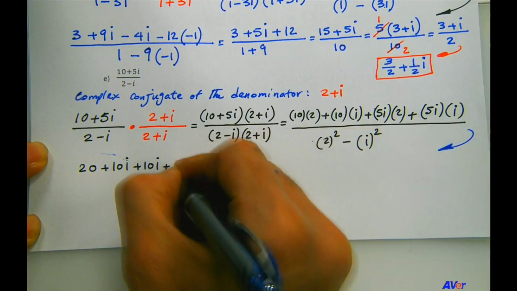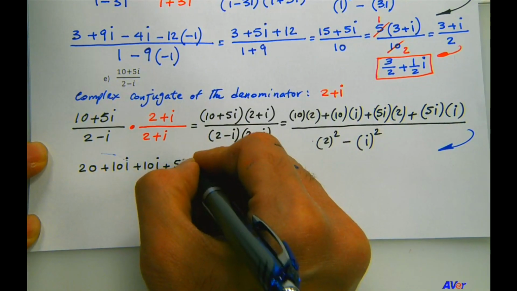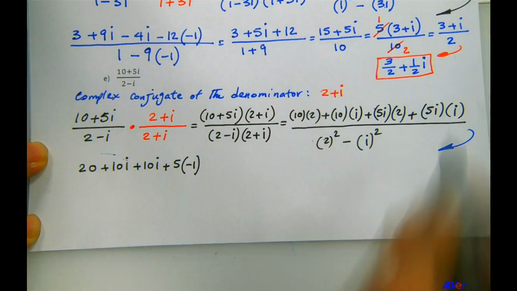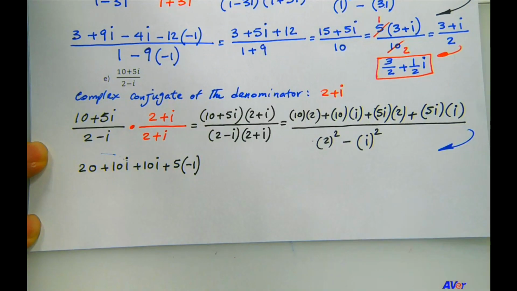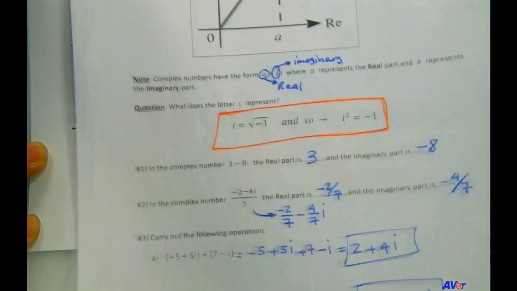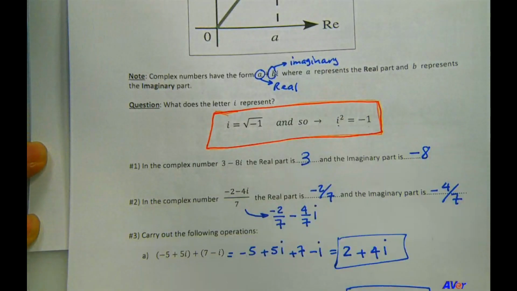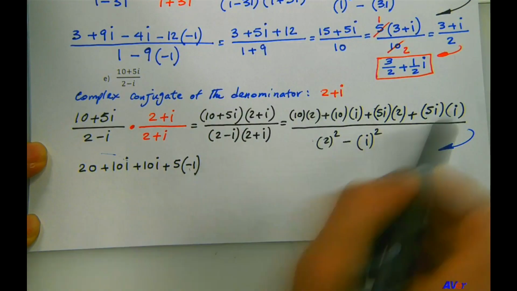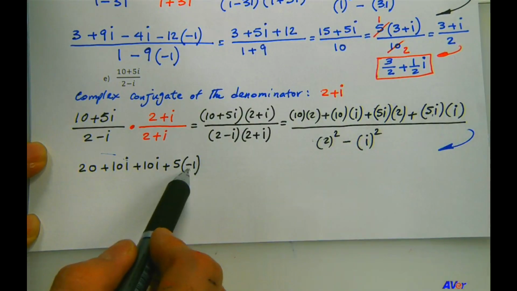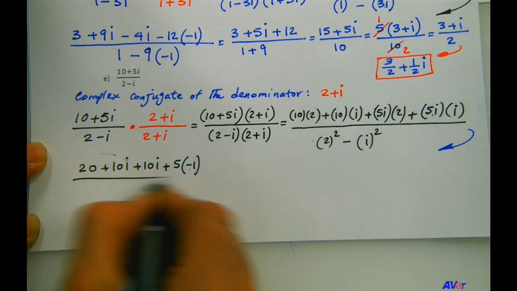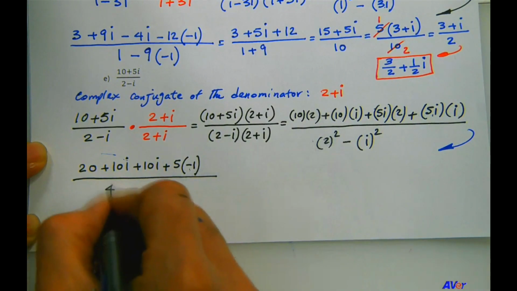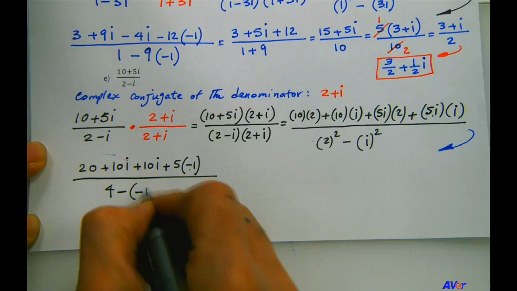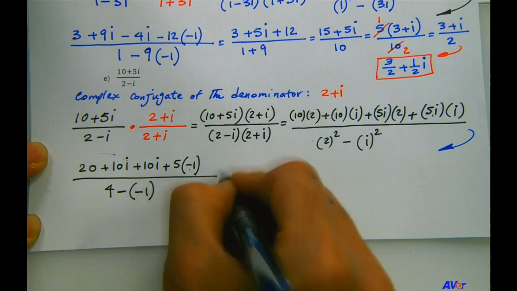That will be plus 5 times i squared, or negative 1, right? i times i is i squared. i squared is equal to negative 1. So that negative 1 you see here is i times i squared is negative 1. Okay? Divided by 2 squared, 4, minus i squared is negative 1.